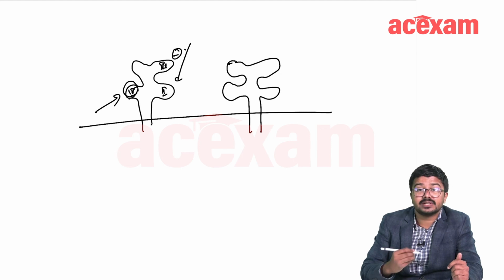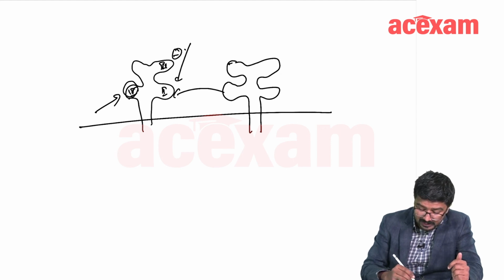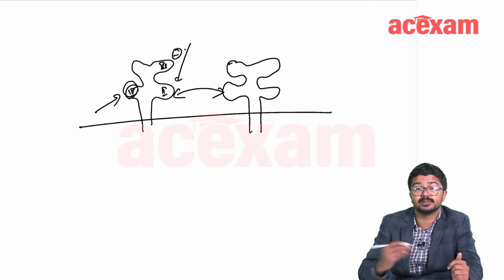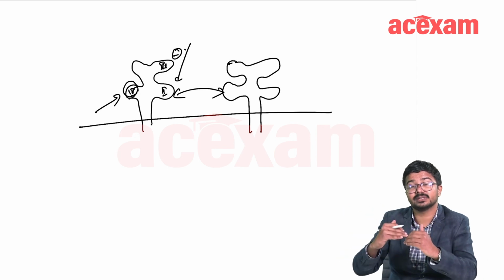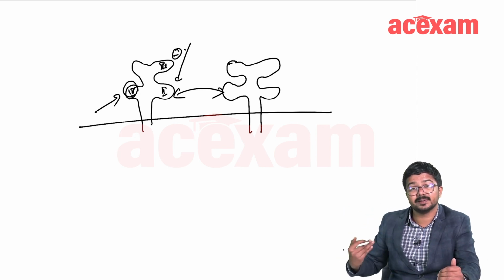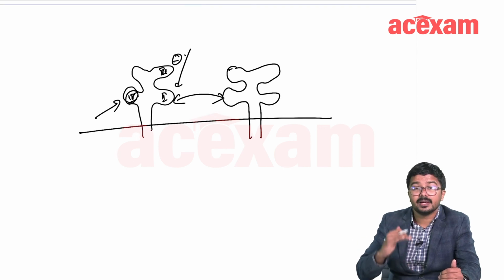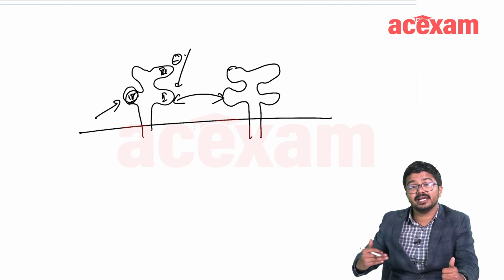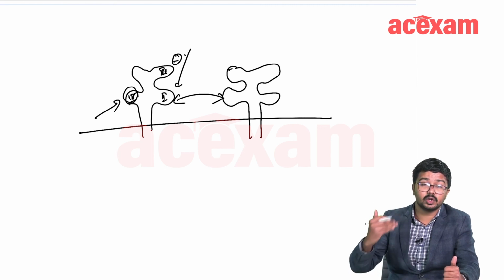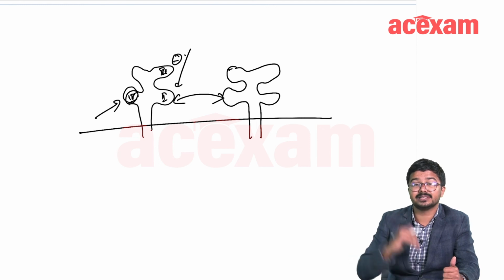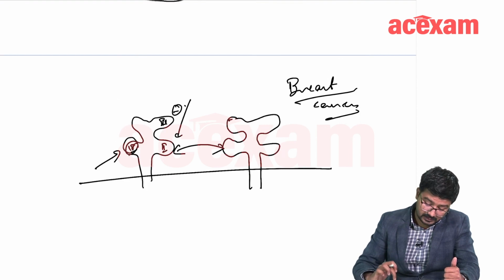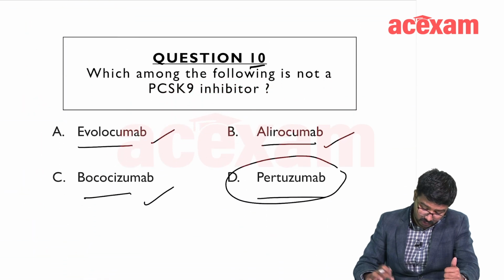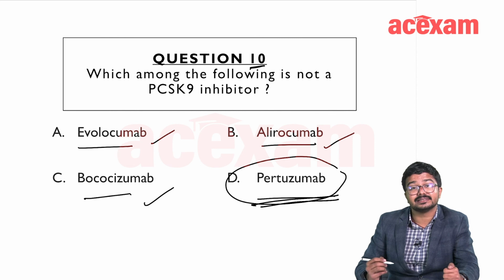This domain 2 is responsible for the dimerization between two HER2 receptors. Dimerization is important because only after dimerization of the HER2 receptor does the downstream pathway get activated. So pertuzumab inhibits the dimerization, and by that way causes inhibition of the downstream growth factor pathway, by which it brings about its effect. Where is it given? It is given in the case of breast cancer. Right? So we have this question solved, which is pertuzumab is the answer. Thank you.